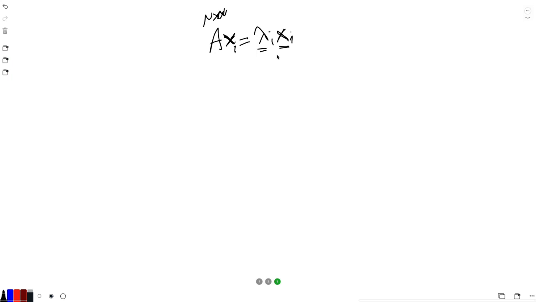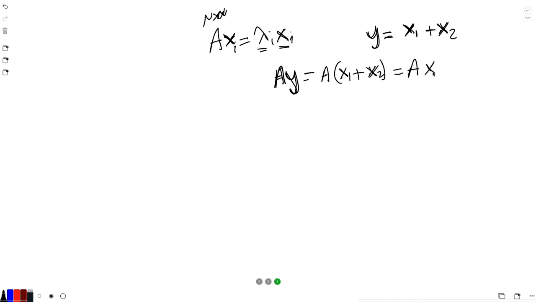Also remember that if you have another vector y, which is the summation of two eigenvectors, x1 plus x2, assume that x1 and x2 are both eigenvectors of the matrix A, then A times y is equal to A times x1 plus x2, and this equals A x1 plus A x2.